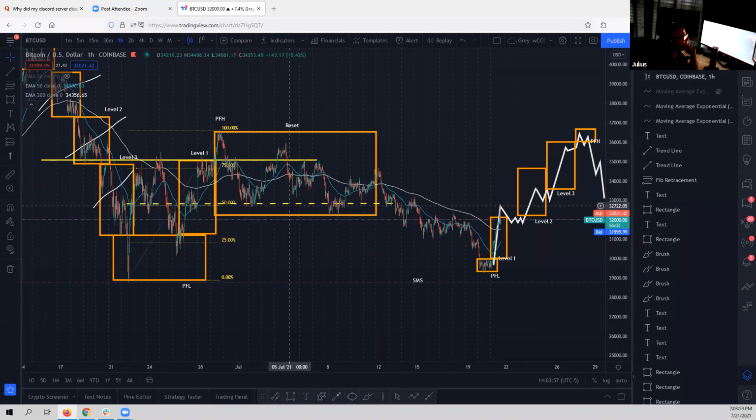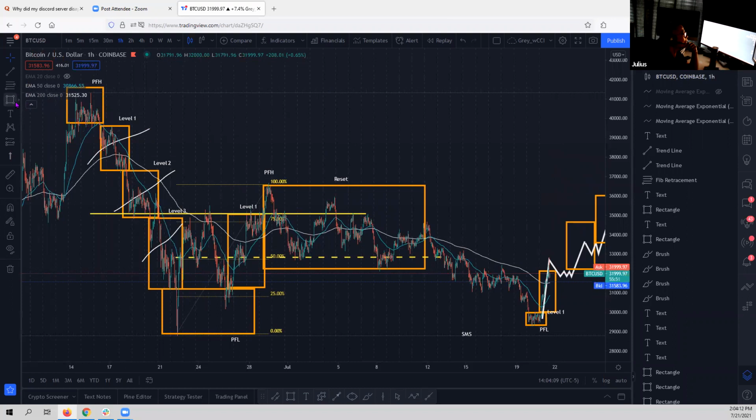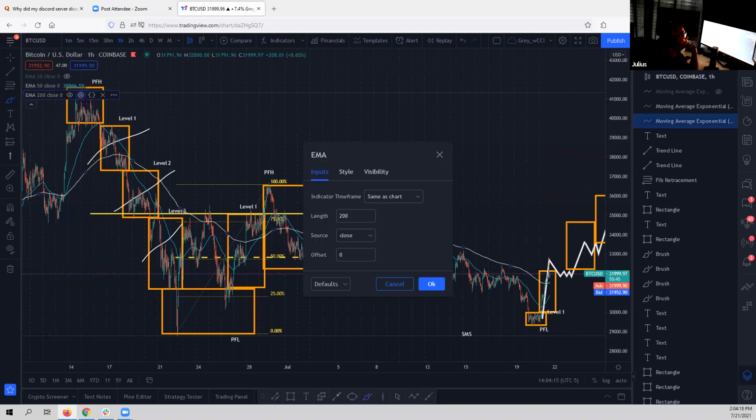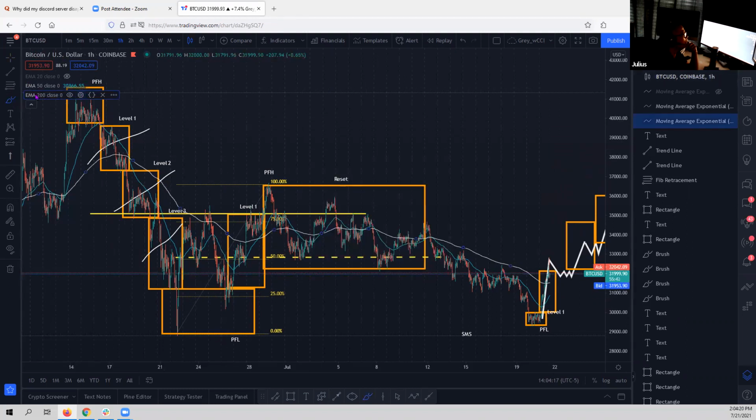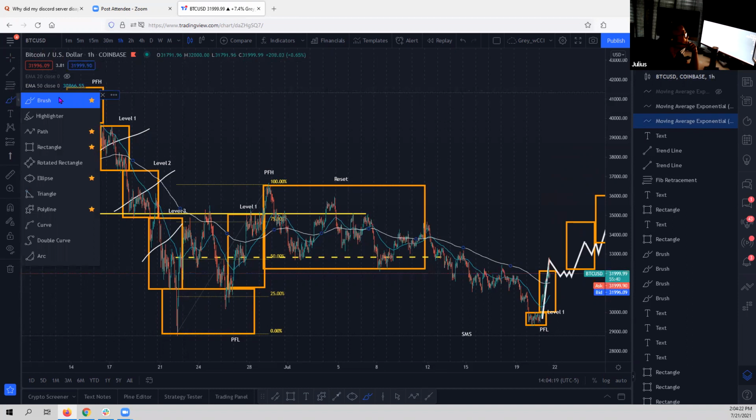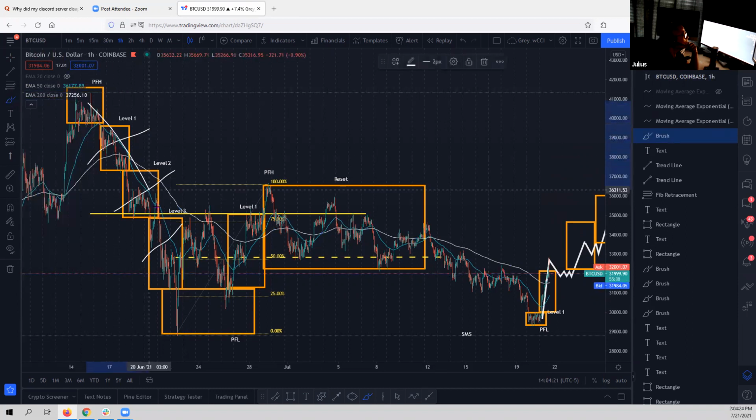I marked out my 50. And every time price bounces off this and pulls back, as long as it does not break this, because this is a major swing structure. If you remember, when I was identifying the major swing structure, was that squiggly line? It was this, right? Right here. This is the major, right?